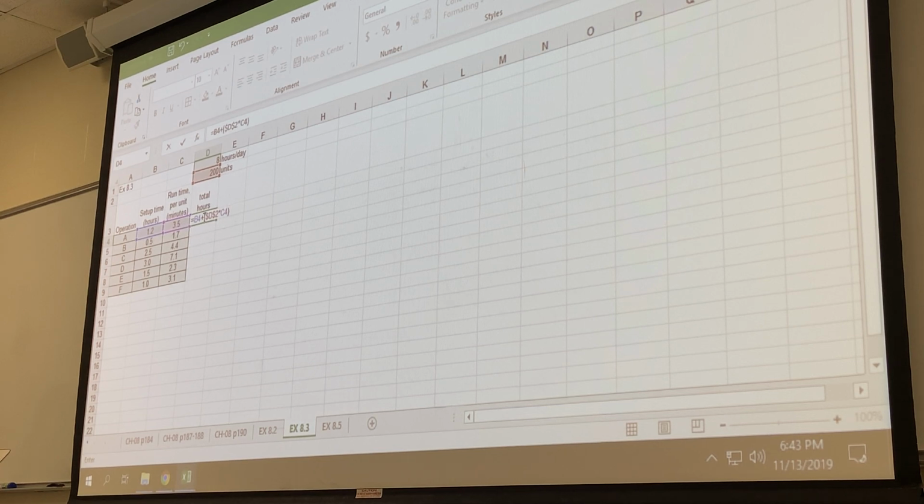And I need to make it hours, so I'm gonna put another parentheses in here, and I'm gonna divide that by 60. So this will all be in hours, right? Does everybody agree? Is math okay?